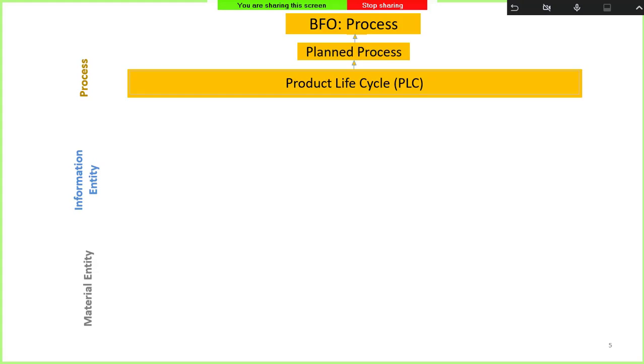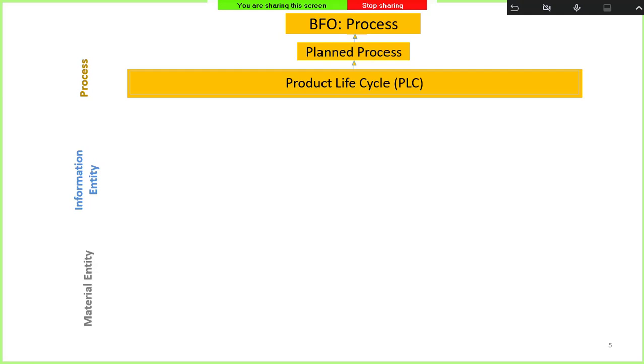And the product life cycle is a planned process. So when a manufacturing company organizes its procedures, its operations, and so on, it creates plans, and then it tries to realize those plans. And when it succeeds in realizing those plans, which it mostly does, then we get the planned process, which is the entire product life cycle, ending in things like selling products and using products and maintaining products and disposing of products and so forth.